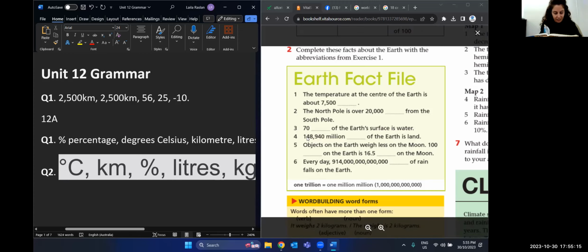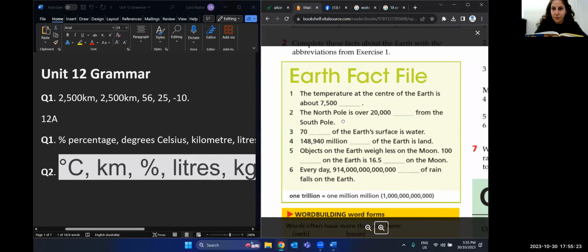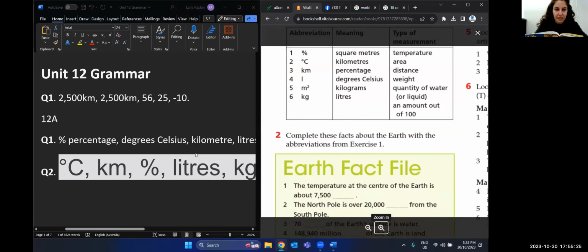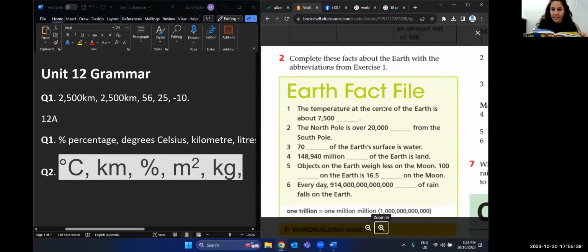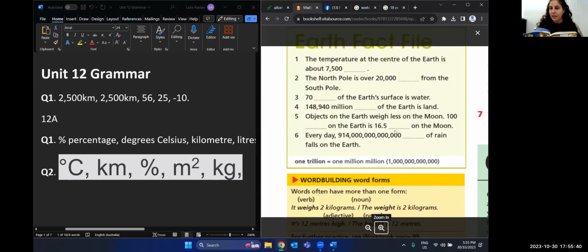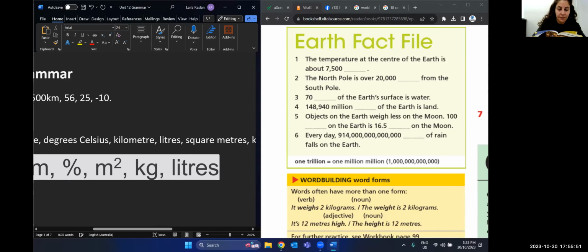And number 4 is actually square meters. And 5 kilograms, and number 6, every day, 914 trillion liters of rain falls on Earth.